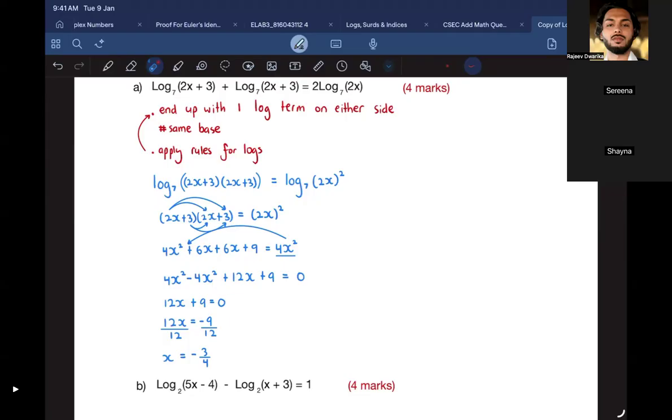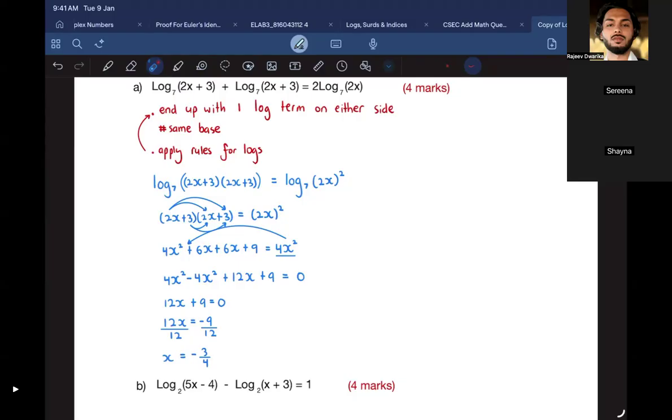Ah, okay, so Serena, we've got to work on this. You typically drop the logs first and then do the operation. Look at this example. Notice I dropped the logs as soon as I could have.